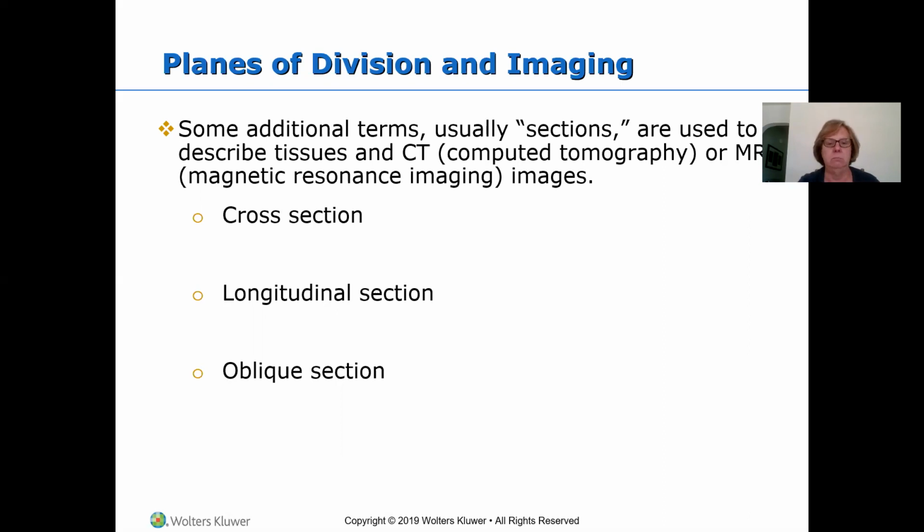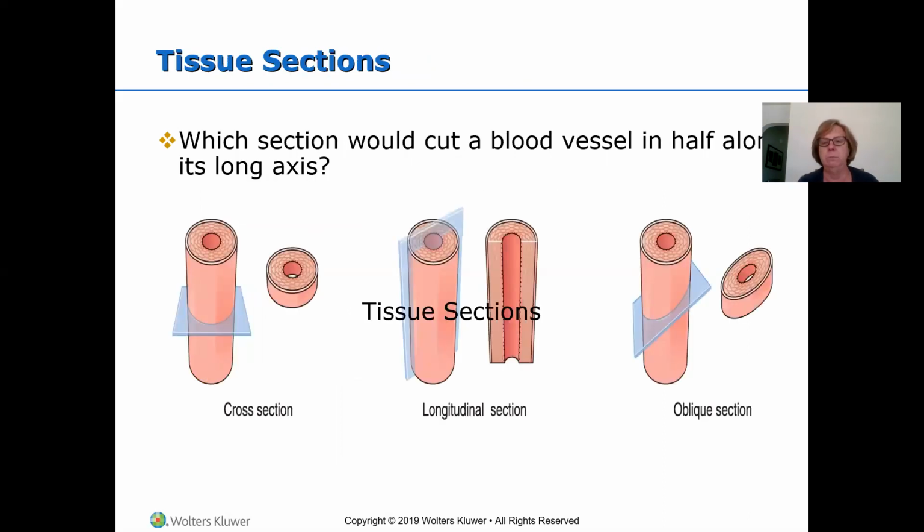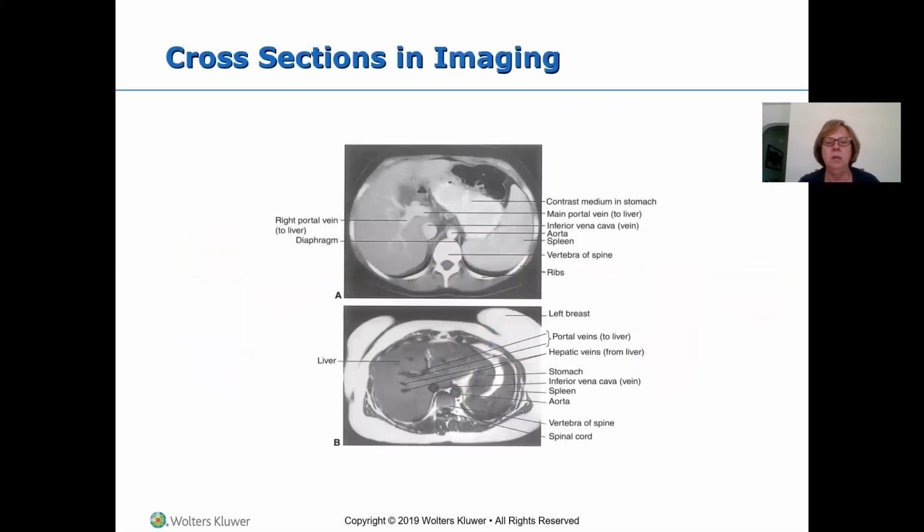And I'm not familiar with any kind of technique that we use for that, other than in tissue sections. Okay, so there's the cross section, the longitudinal section along the length, and then the oblique is at an angle. And here we have some imaging of a transverse section, as you can see.